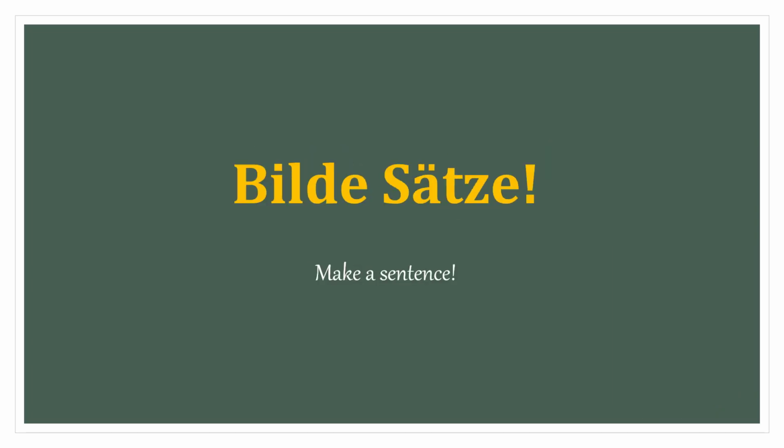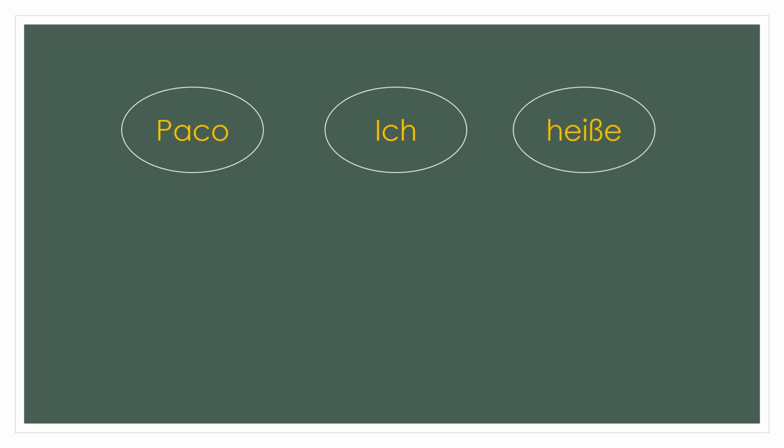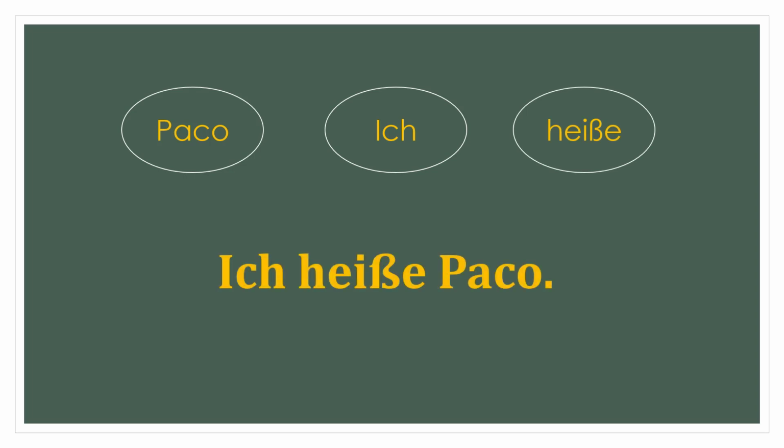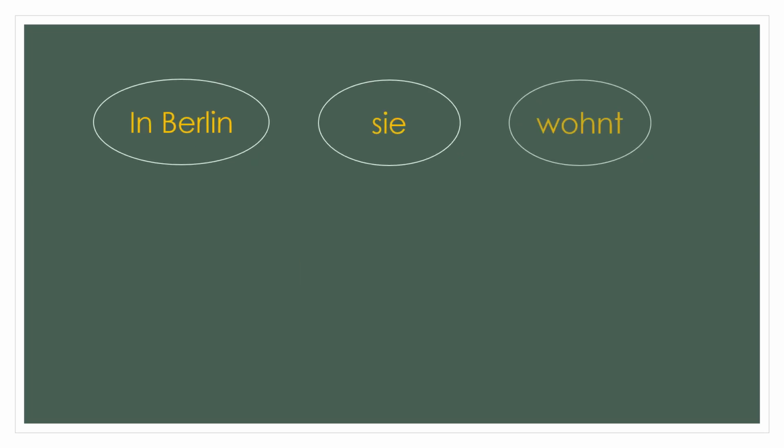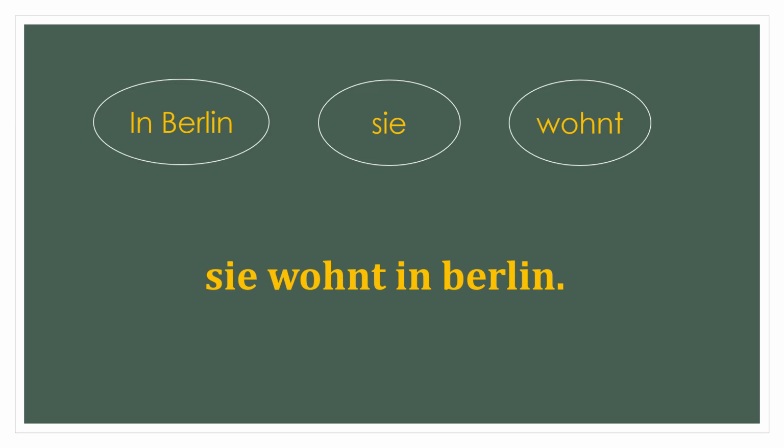Bilden Sätze. Now it's time to practice what we have learned. Ich heiße Paco. Let's move on to the second one. The correct answer is: Sie wohnt in Berlin. Here's the next one.